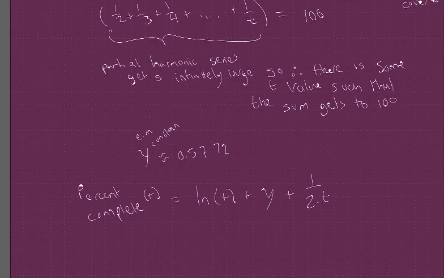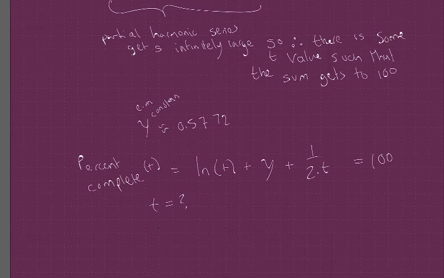Okay, so when we want to get to a value of 100, what does t equal? Well, when we solve for t, I'm not going to go through all the steps here, we get t approximately equals 2.688 times 10 to the 43, which is scientific notation.